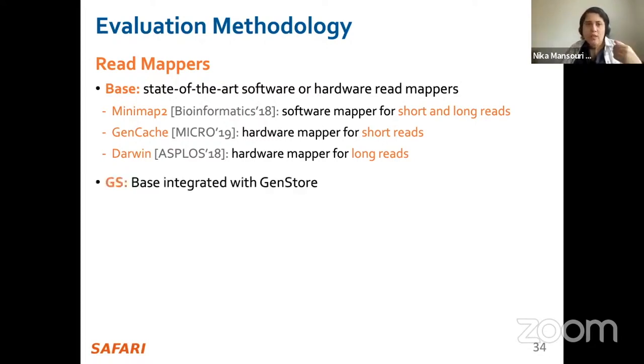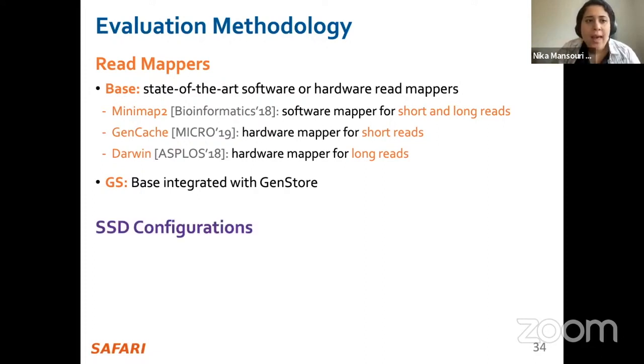And GS here in the plots I will show you shows a base integrated with GenStore inside the SSD. So basically, we want to see how GenStore augments these accelerators, how much it can improve their performance by integrating with them, concurrently filtering inside the SSD.